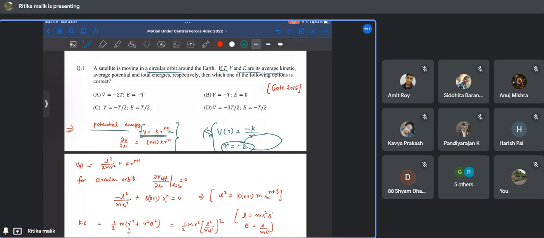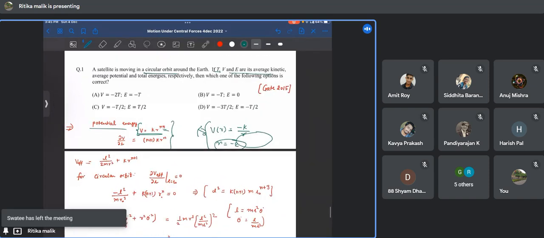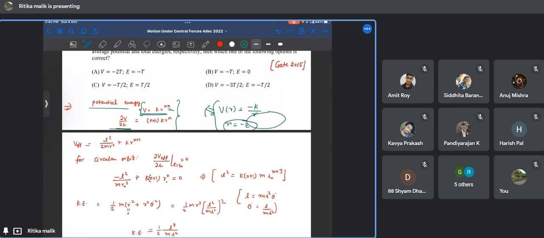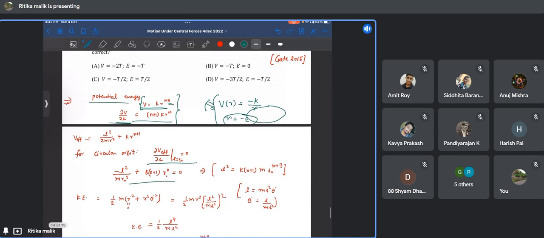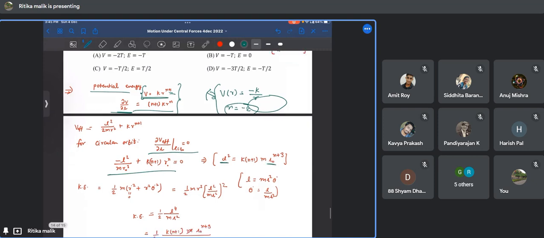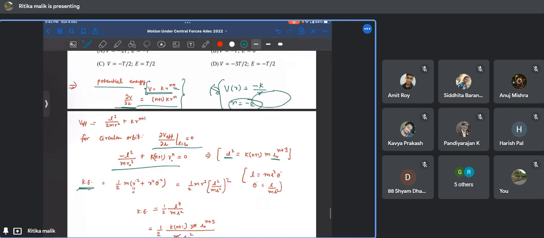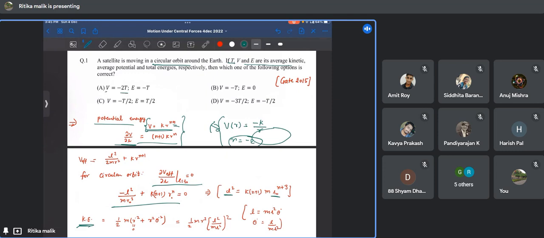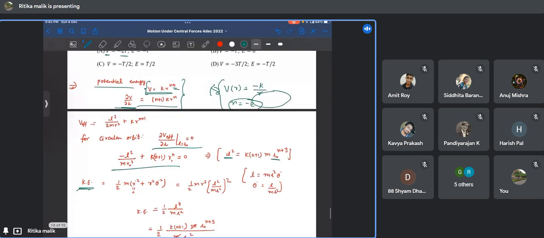So we take the general potential energy as k r to the power n plus 1, we calculate del V by del r, and we already know that for a circular orbit, del V effective by del r is 0. From there, we calculate the relation between L and r naught. Then we write the kinetic energy. Since we have to know how the kinetic energy is related to potential energy, the kinetic energy is given by half m v squared, which contains these two terms. r dot is 0 for a circular orbit because r is r naught, a constant, so we are left with this term.